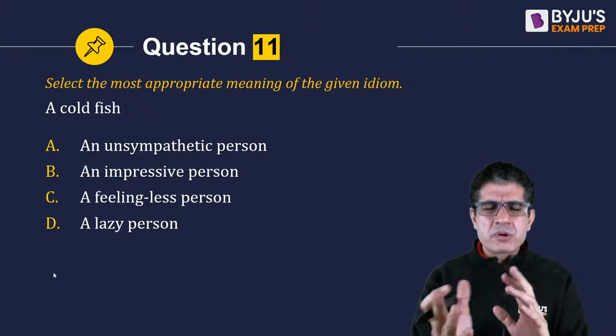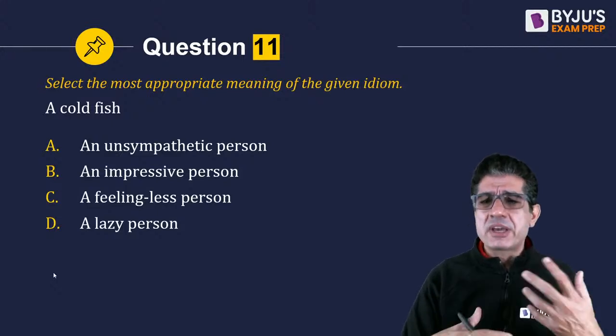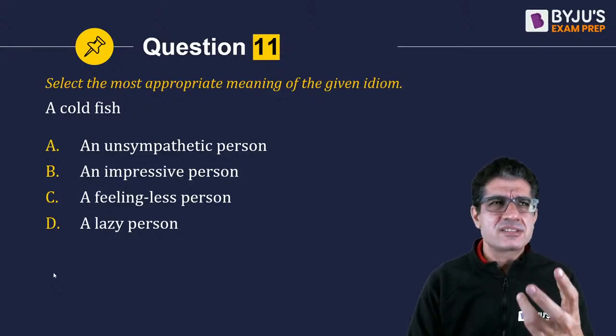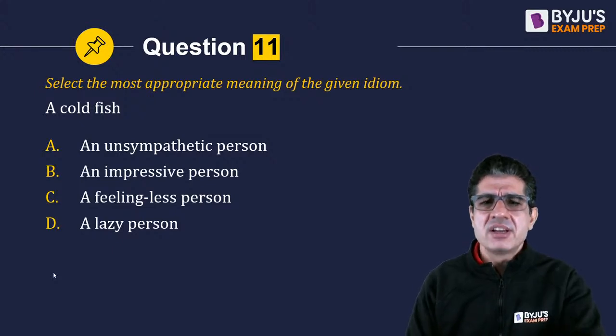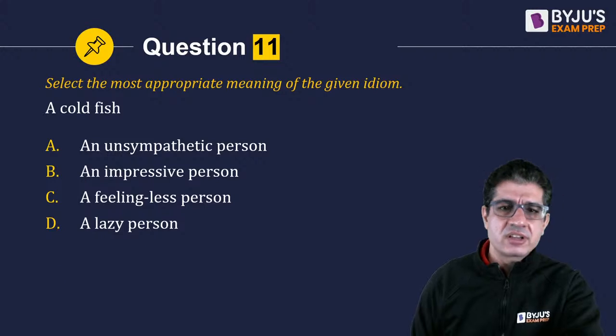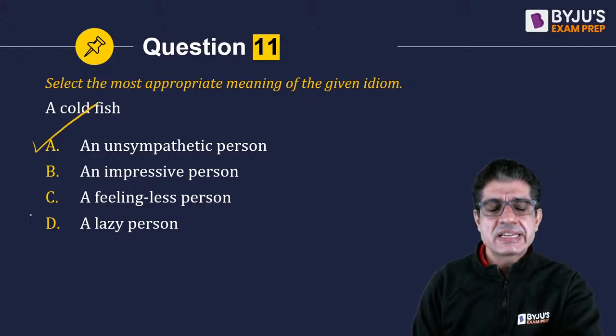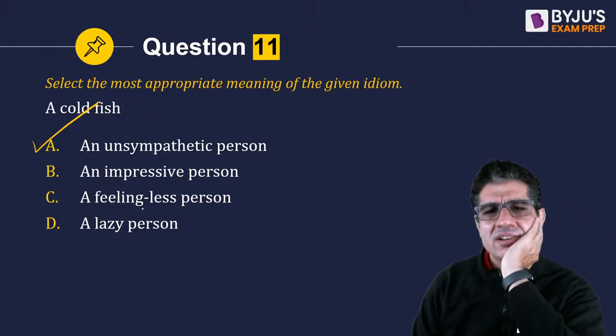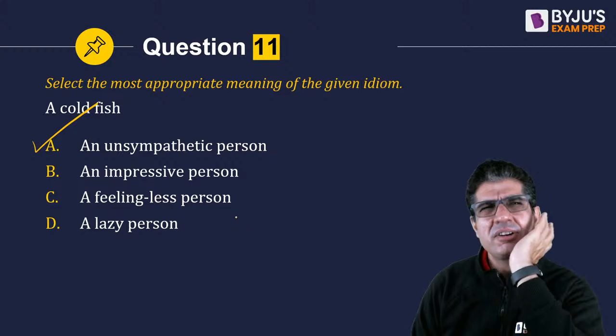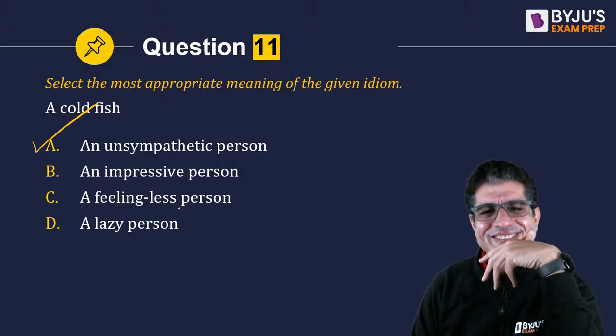Also, you come across people who look and appear unemotional, right? And as a result, you generally call them unfriendly, unsympathetic, and that is why the correct answer here is option A. So unsympathetic. What would feelingless even really mean?